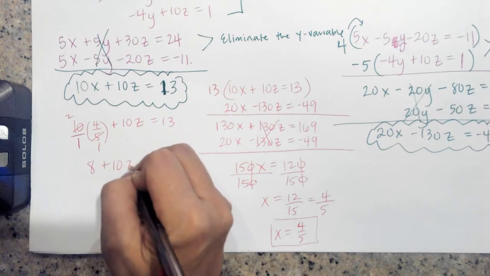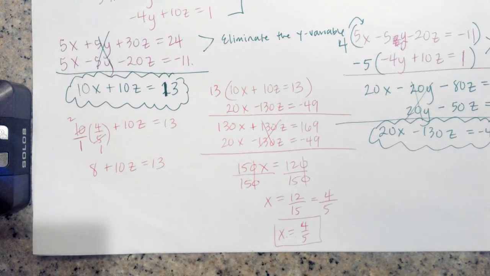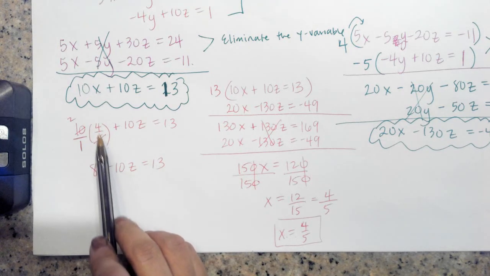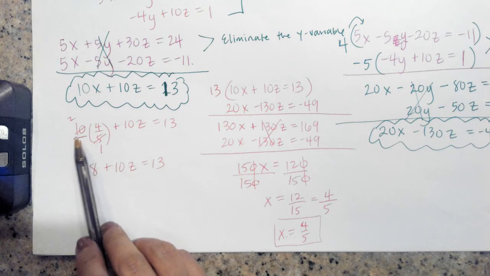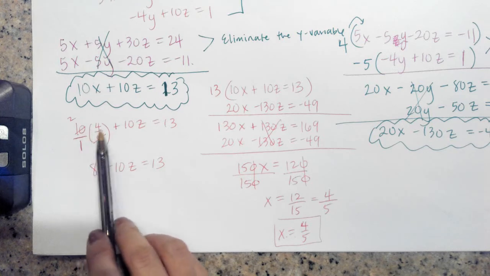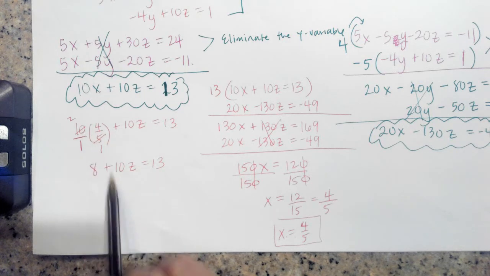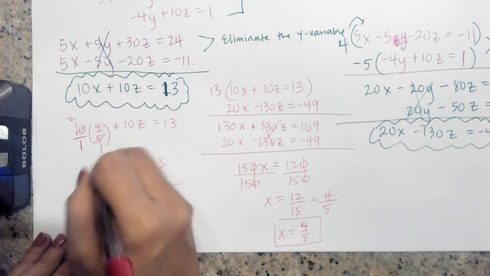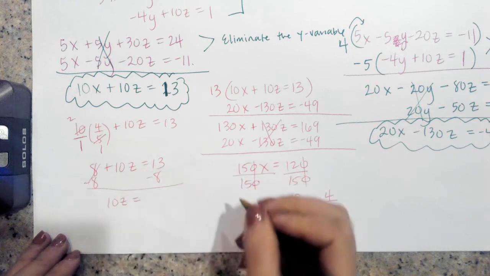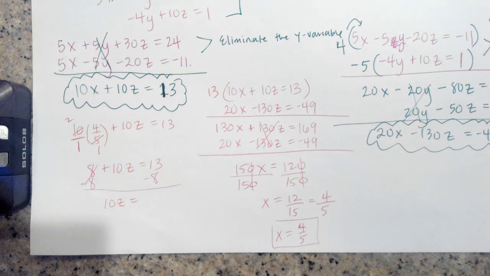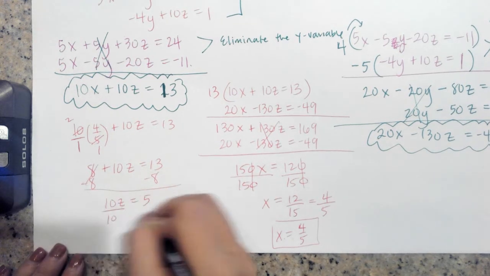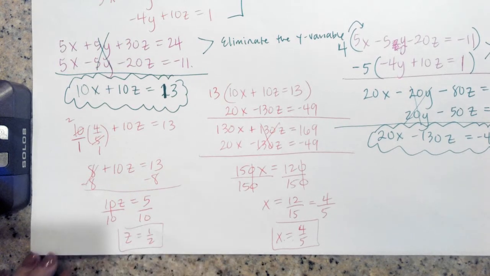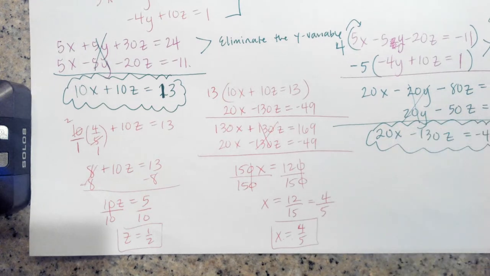So 8 plus 10z equals 13. You could have also done 10 times 4 is 40, and then 40 divided by 5 is 8. So again, cross cancel or multiply the numerator, multiply the denominator, and then simplify. Alright, I'm going to now subtract by 8. So 10z equals 13 minus 8, which gives me 5, divided by 10, so z is 1/2.